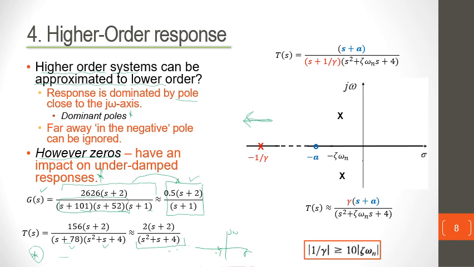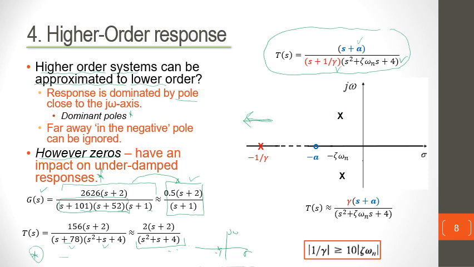Generally speaking, therefore, we can say if you have a transfer function of a conjugate pole pair and a very far away pole in the negative as well as a closeby zero, this transfer function can be plotted on the S-plane this way.